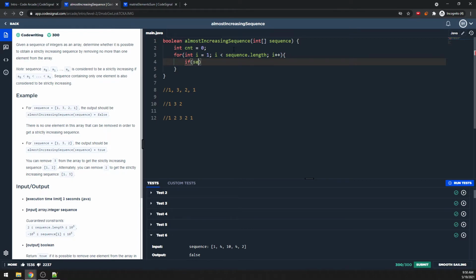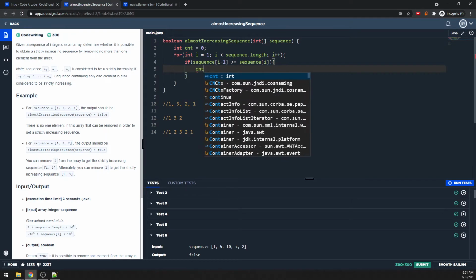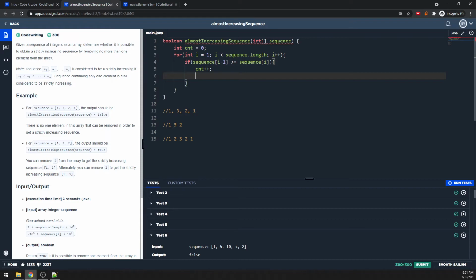Previous one is equal to the current one, we care about it. So count plus plus. And if the count equal to 2, so 3 and 2 count plus plus, 2 and 1 count plus plus, but you only accept 1, at most 1. So if count is greater than 1, you return false right away.